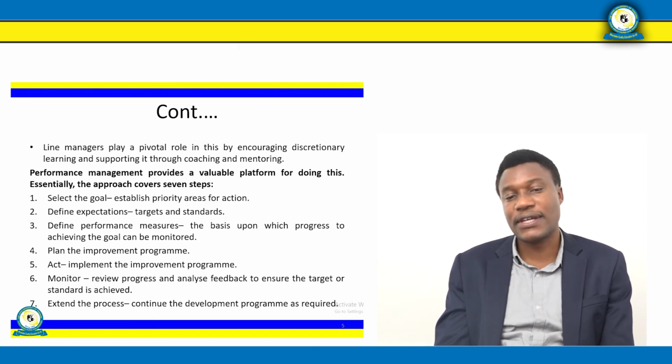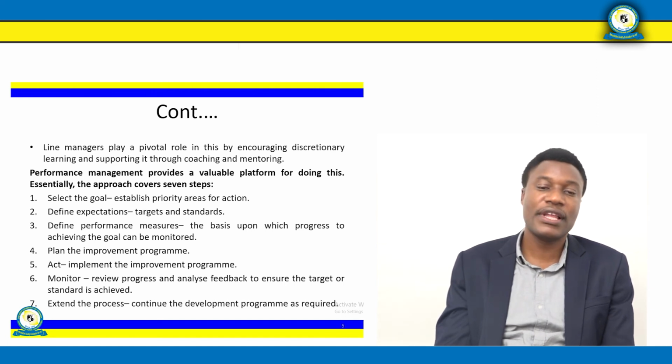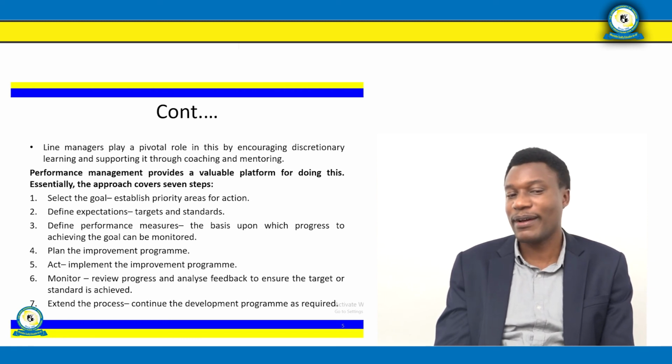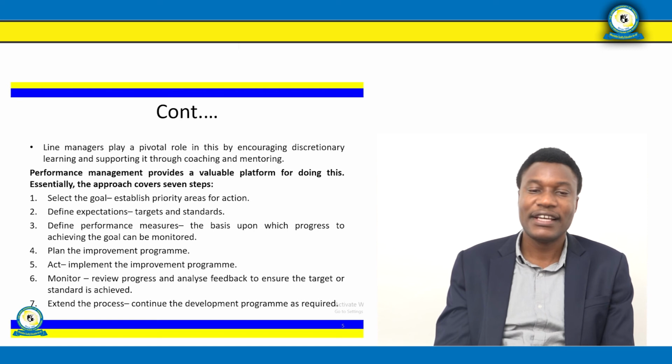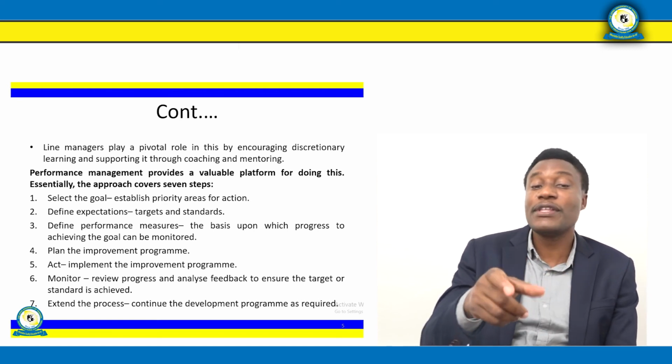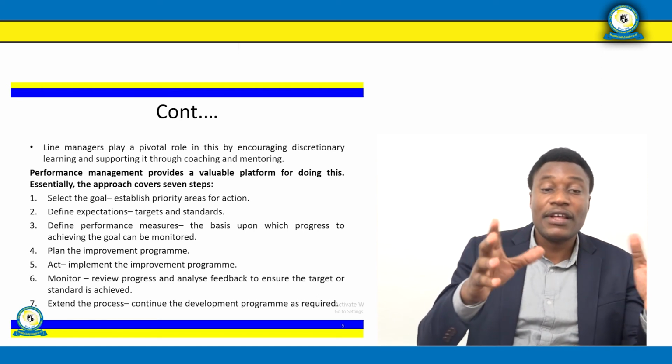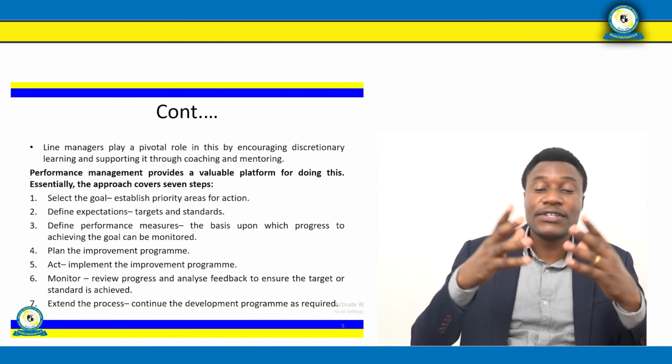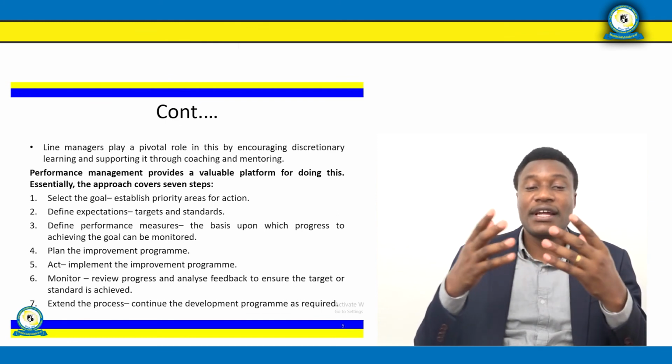Define the performance measures, the basis upon which progress toward achieving the goal can be monitored. Plan the improvement program. Acting: now implement the improvement program, what we have planned, the goal selected, the expectations, the targets, and the standards.